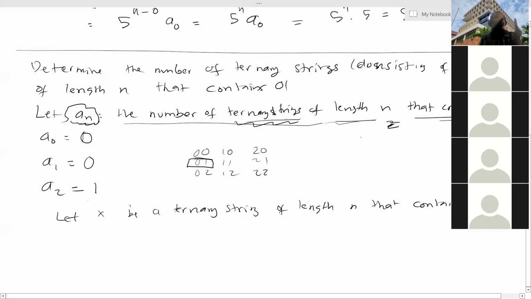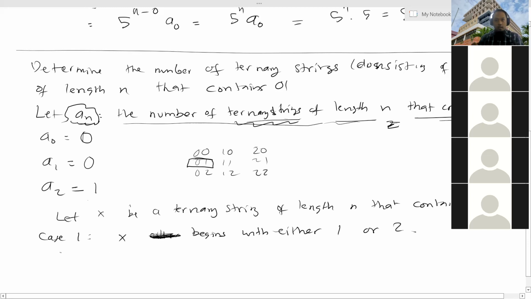So let's consider the string X that begins with either 1 or 2.